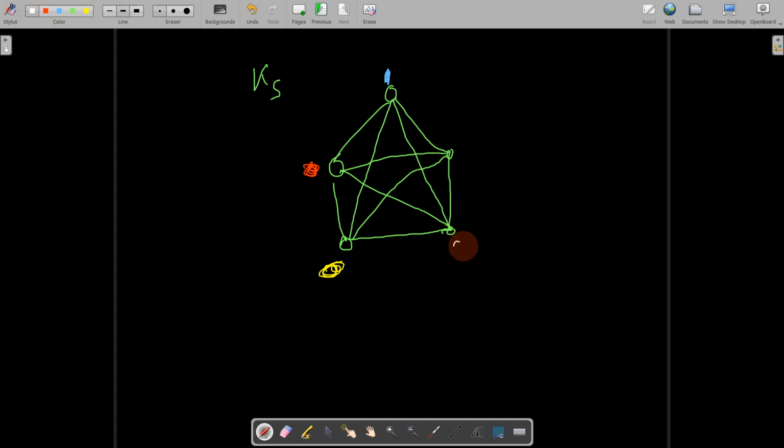The next will be white. The next, 1, 2, 3, 4, 5, green I have to use, right? So there is a concept that the chromatic number of any complete graph is the same as the number of nodes in the graph.